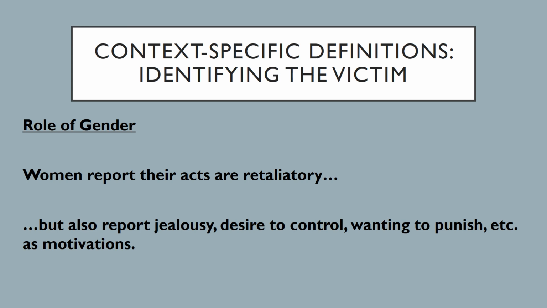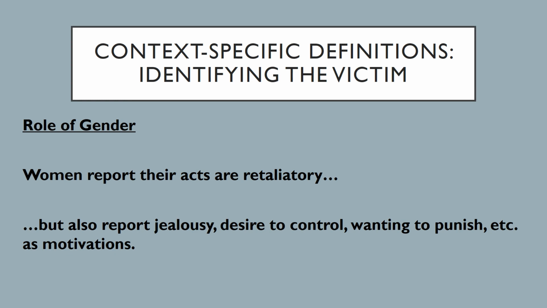Looking a little bit deeper into the role of gender, once again, when we analyze responses and reports of domestic violence, we see two contradictory statements that often come up in reports and interviews of victims.